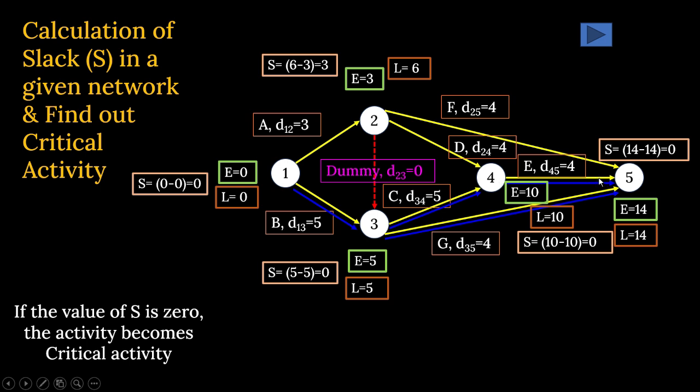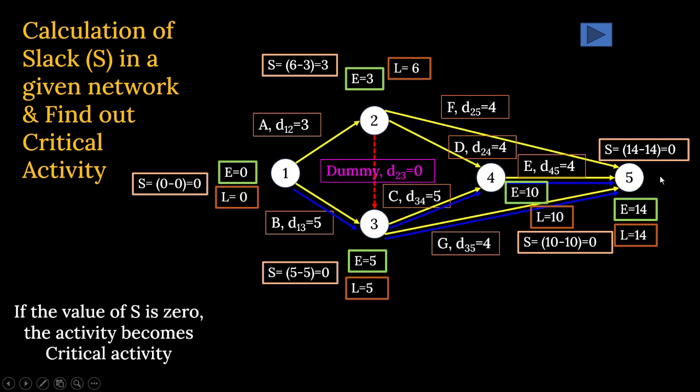So this 4 to 5 also becomes your critical activity. So what we can see out here is that we are having multiple critical activities. One is 1 to 3, 3 to 5, that is one critical path. And another one is 1 to 3, 3 to 4, and 4 to 5, it becomes a critical path.